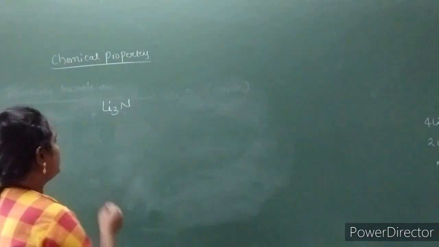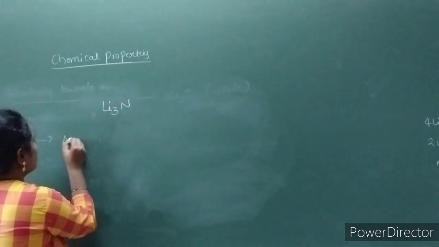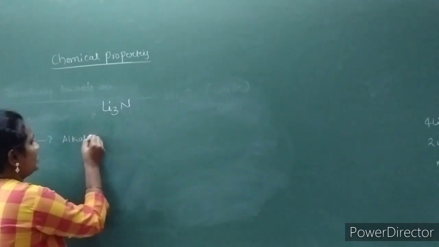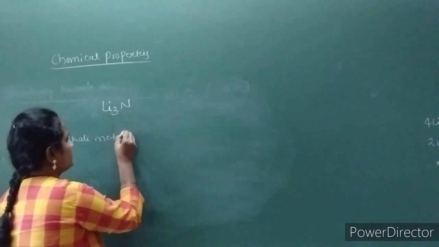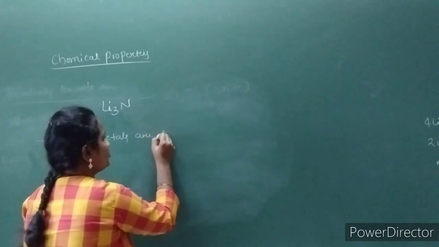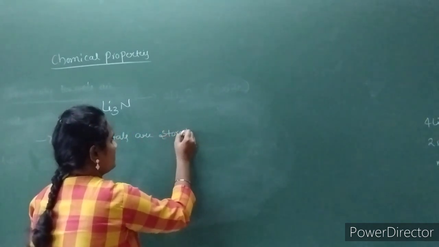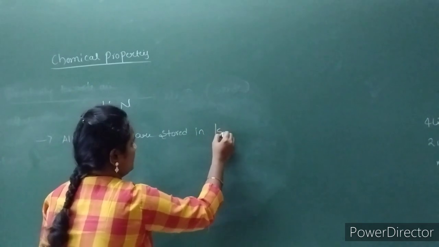As a result of that, the alkali metals are stored in kerosene.